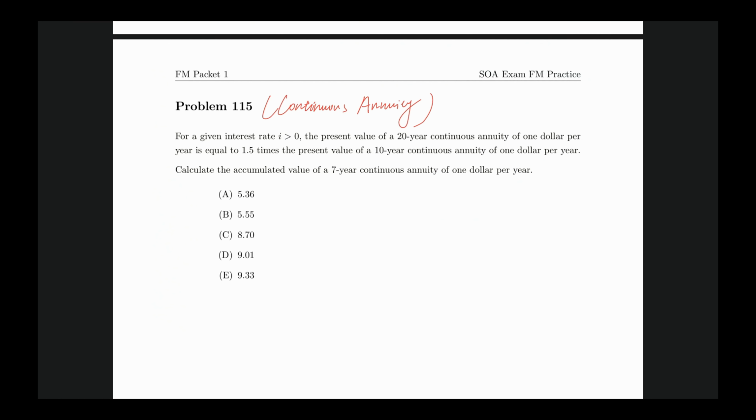Basically, the formula for continuous annuity, we like to denote it by a-angle-n with a bar mostly. This stands for continuous annuity for n years, and the formula for this is equal to 1 minus e to the power of negative n times the force of interest, all over the force of interest.